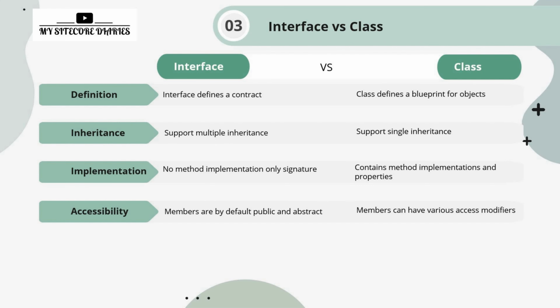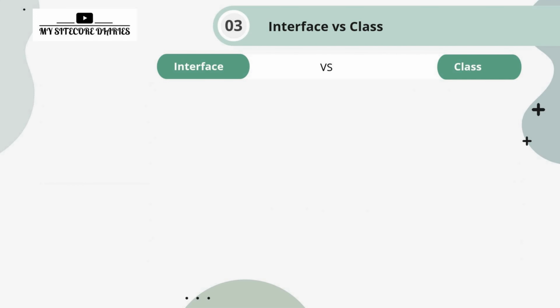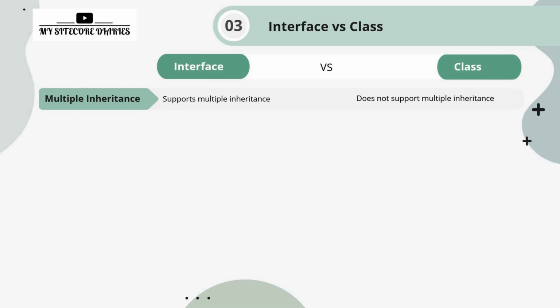We can have public, internal, private, etc. modifiers in the class, but for the interface we have only the public and abstract access modifiers. Fields. Interface cannot have fields. Class can have fields. Multiple inheritance. Interface supports multiple inheritance. Class does not support the multiple inheritance.